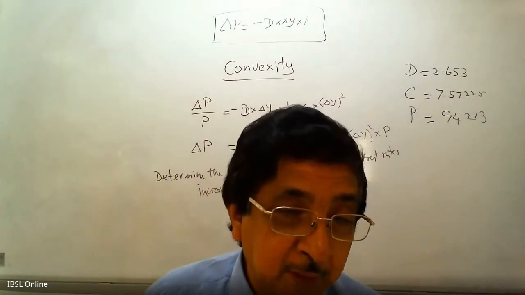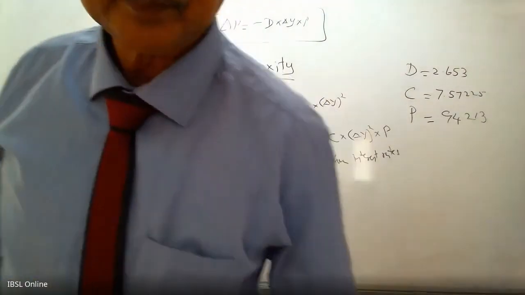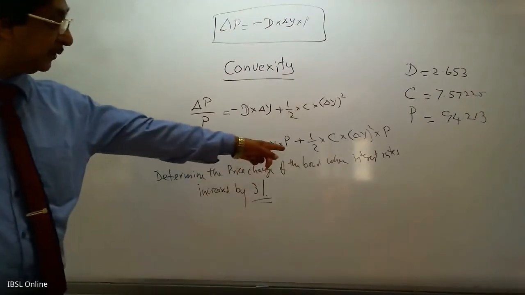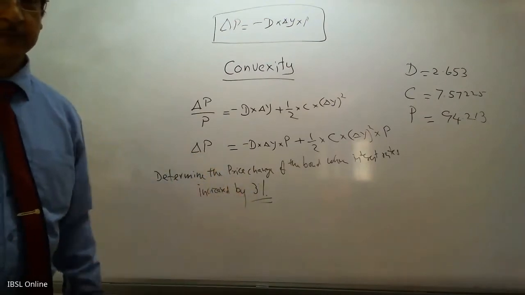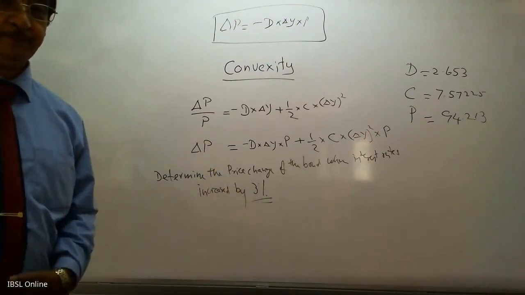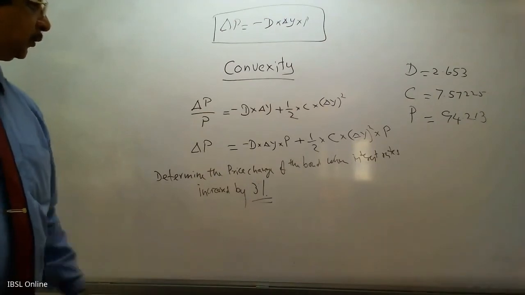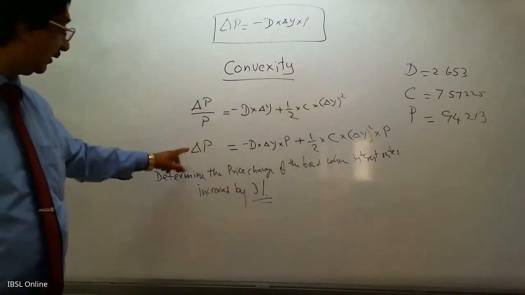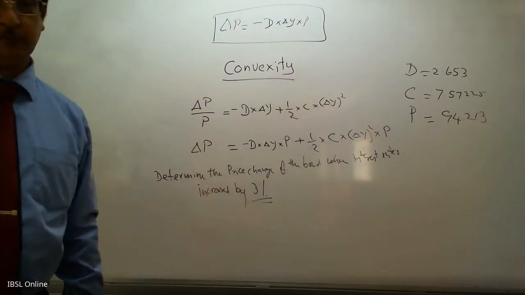Can you do that now? My question is, determine the price change of the bond when interest rates increase by 3%. You have to just put the values into the relationship and calculate delta P. That is what you need to do.